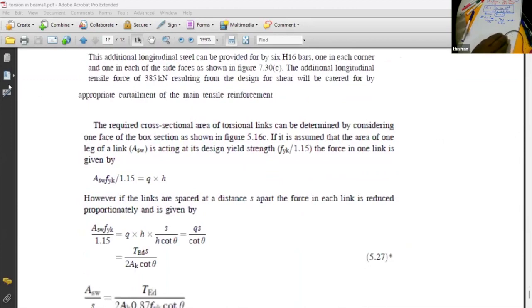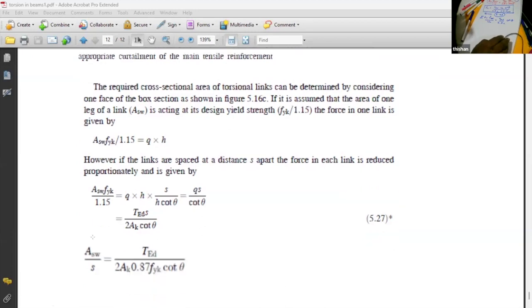It says the vertical force is equal to force in steel divided by 1.15 is equal to Q times h. But if you are going to have links at a closer spacing than h cot theta, then the force will be Q times s over h cot theta, so this h and h will cancel out. Then you will find A_sw f_yk over 1.15 is equal to Q times s over cot theta, but Q is equal to T_Ed over 2 A_k.